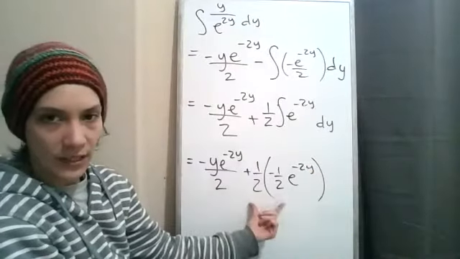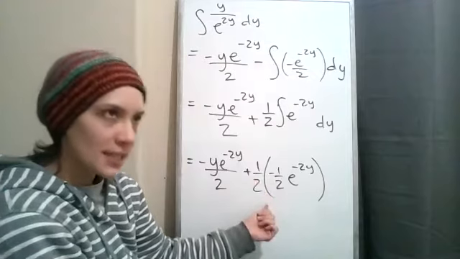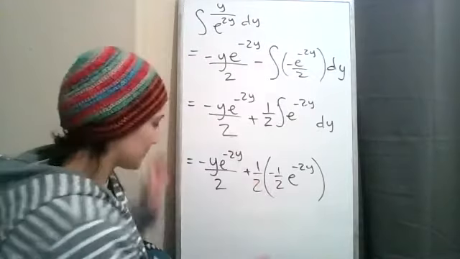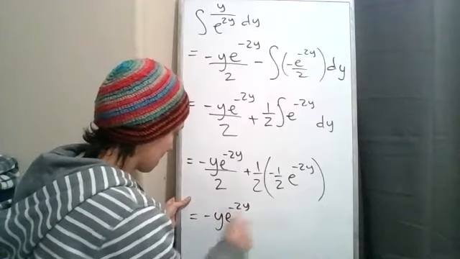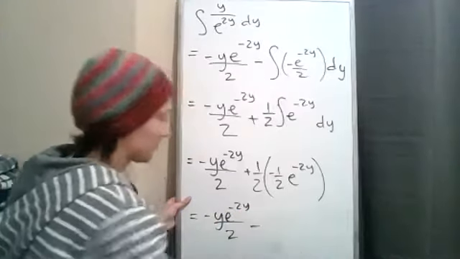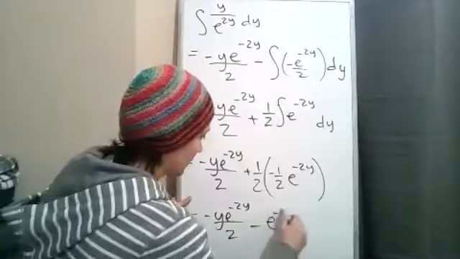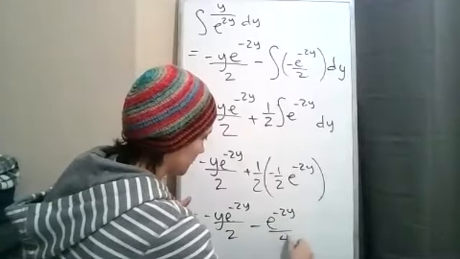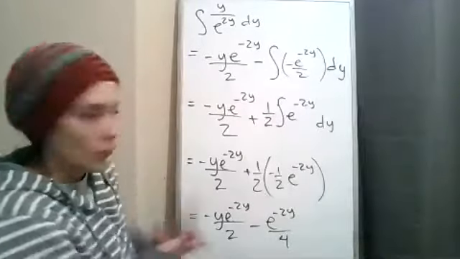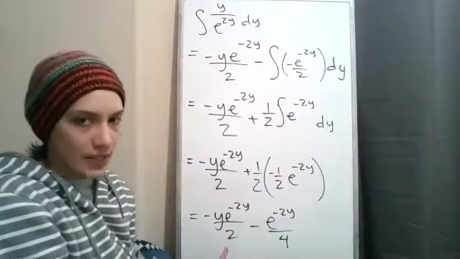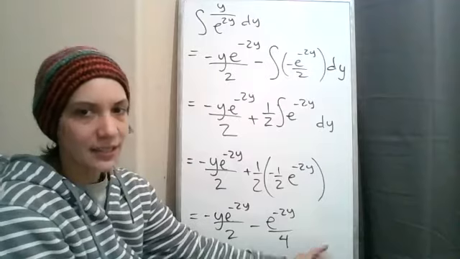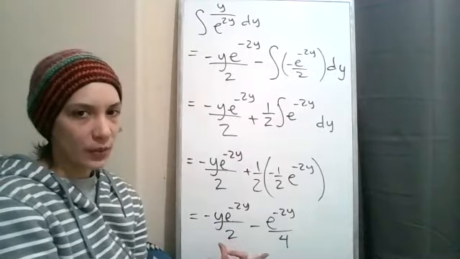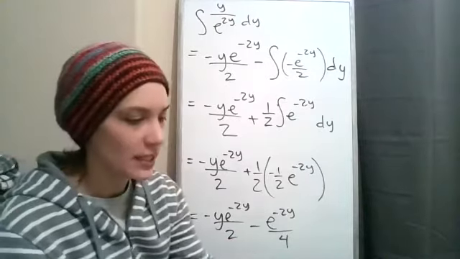Okay, so we're subtracting e to the negative 2y over 4. And then we use this solution, instead of adding c, we're going to take this and evaluate from, what was it, 0 to 1.